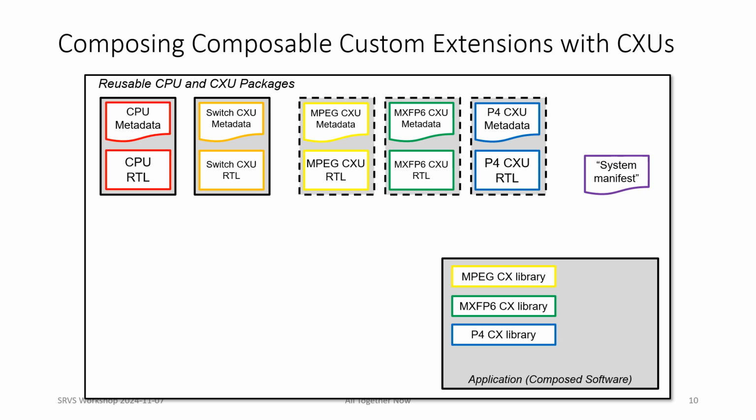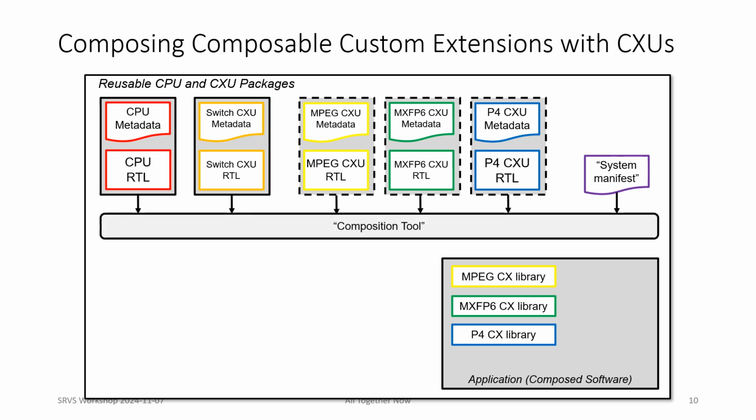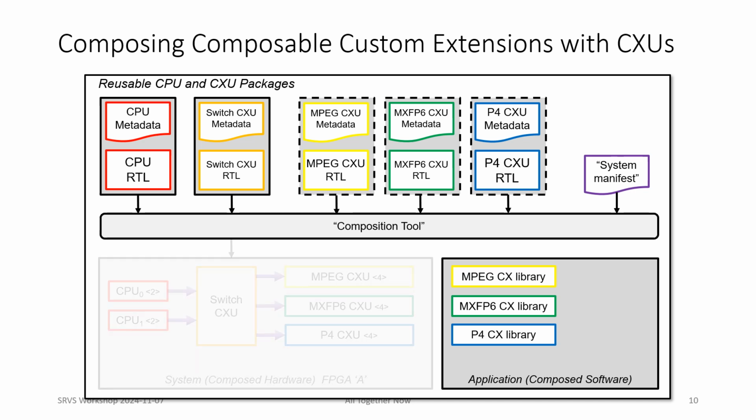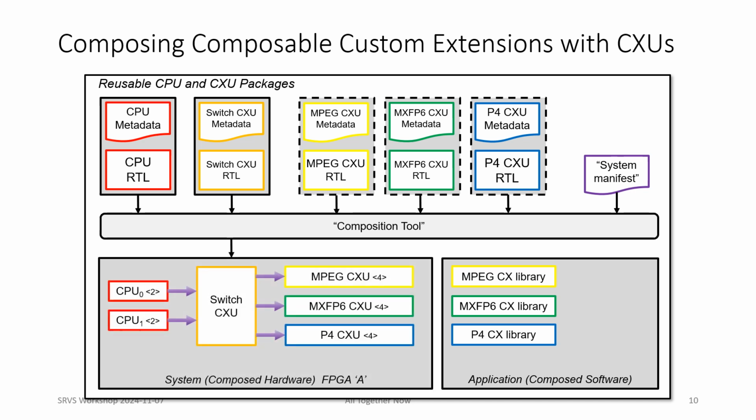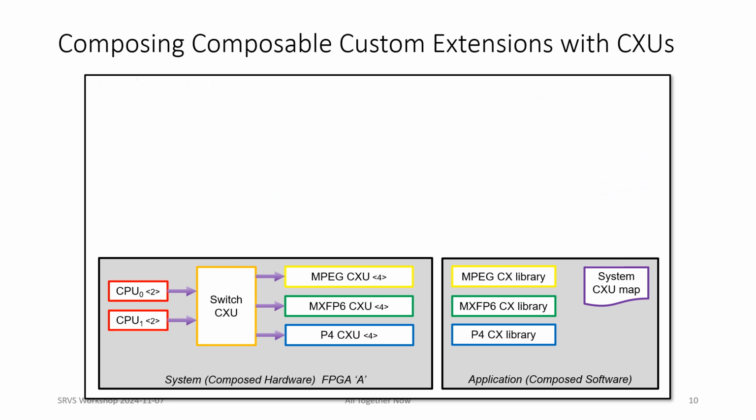A system manifest configures the system with a specific set of CXUs, and then some kind of composer tool generates a processor complex, including the specified CXUs and interconnect. The tool also produces a system CXU map, possibly part of the device tree, indicating which composable extensions are implemented by CXUs in this system.